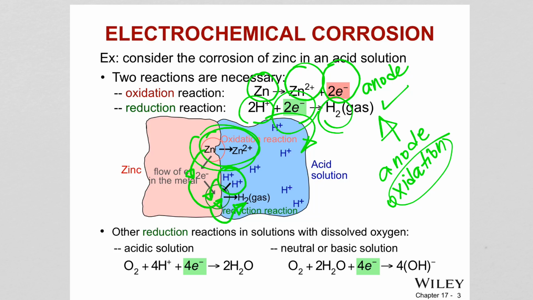We call the region where this happens the cathode. So in this case, the hydrogen ion is reduced from an ionic state to a neutral state.